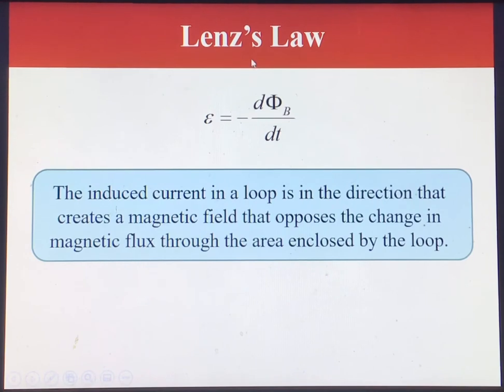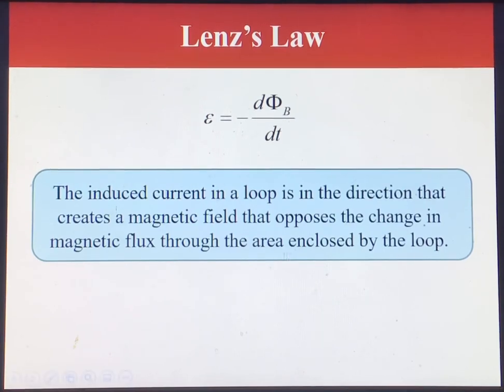We can state Lenz's law by saying that the induced current in the loop is in the direction that creates a magnetic field that opposes the change in the magnetic flux through the area enclosed by the loop. So the induced EMF is always going to be created in such a way that the direction of the current would be opposite to the direction of the force that induces the current.